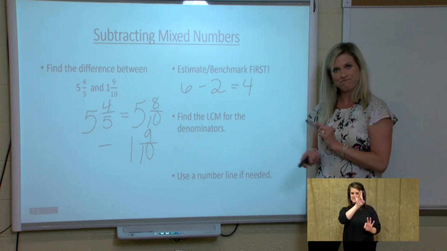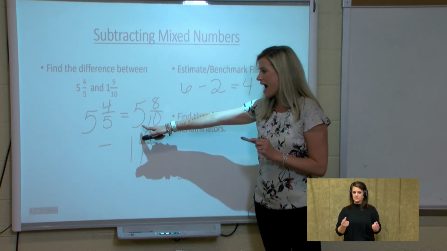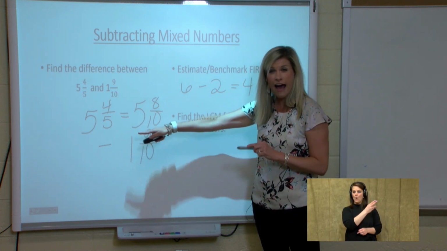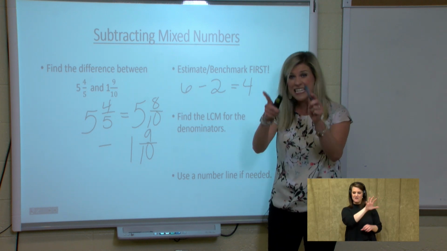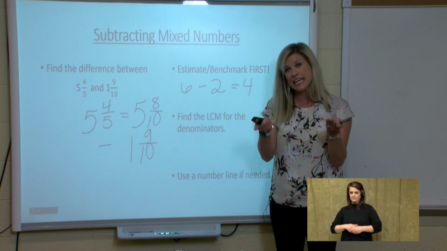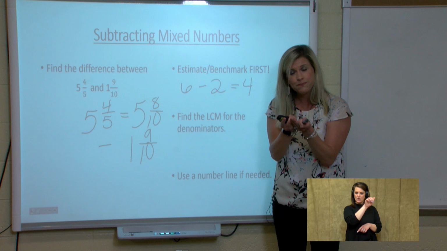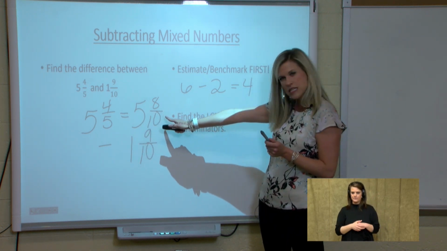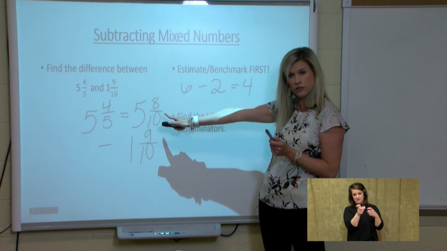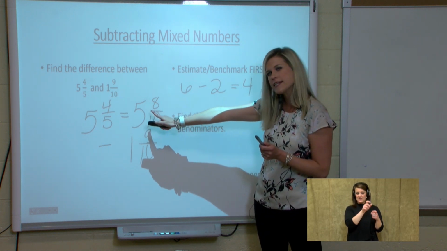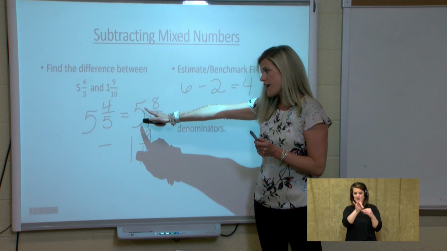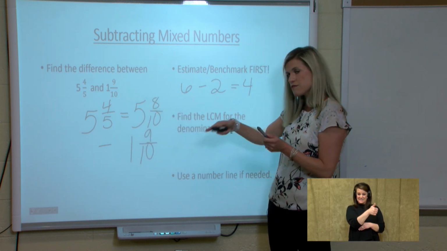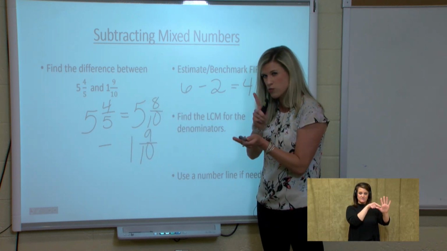So what do I do? I have 5 wholes here. That means I have 5 sets of 10/10 that I can get parts from. If I take an entire whole and give it to this fraction to help it out, that would be 10/10. So if I took 10/10 from 5 wholes, that's 1 whole.